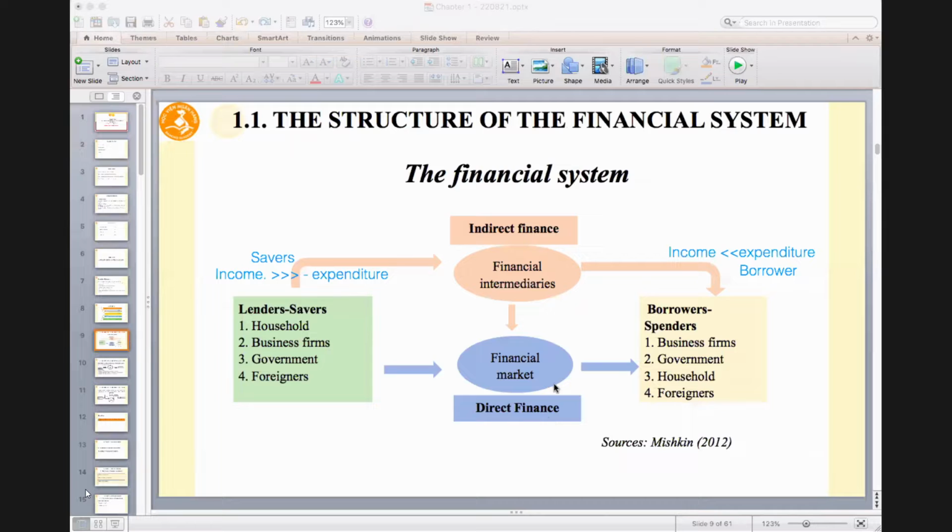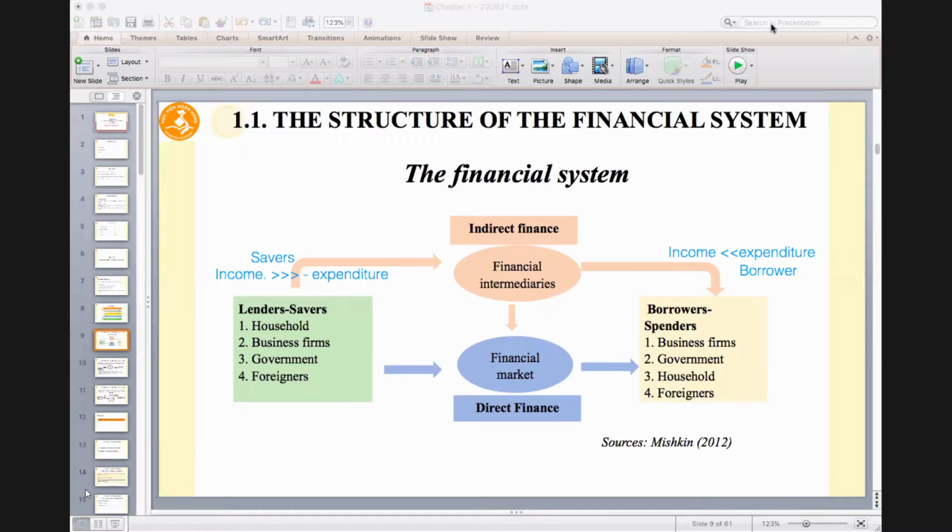The first way is direct finance, and the second is indirect finance. Before that, we will take the business firm as an example. So student, can you tell how a business firm raises fund, raises capital, in the economy?